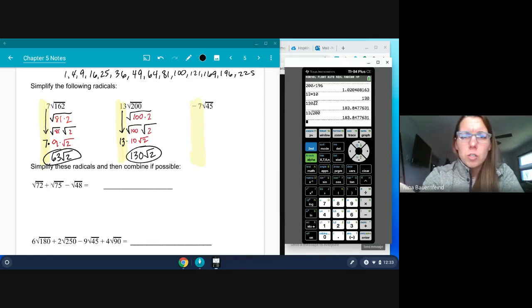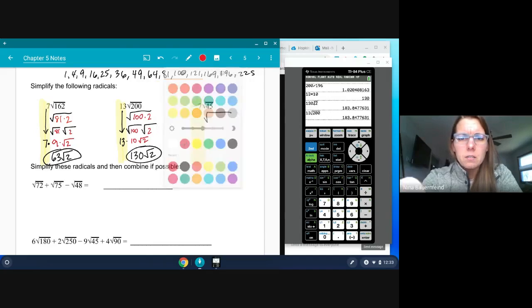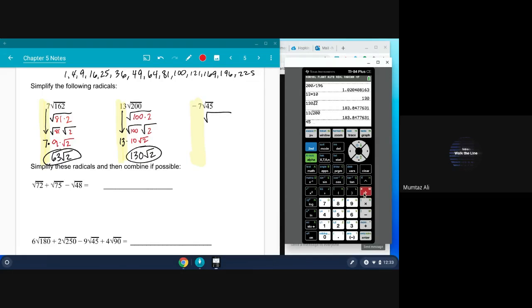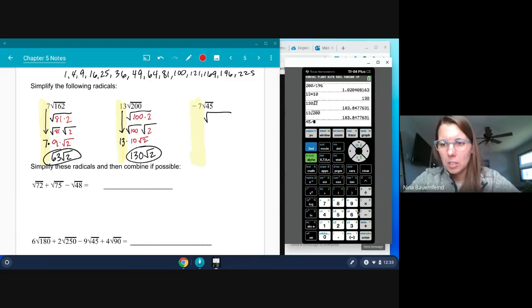Okay, so let's do this last one. So square root of 45. What number is close to 45 in the list, but is not bigger than 45? 36. Yep. So let's start with 36. It's 1.25.